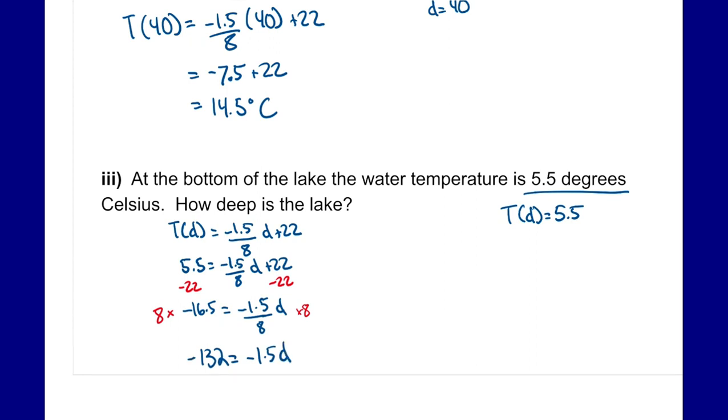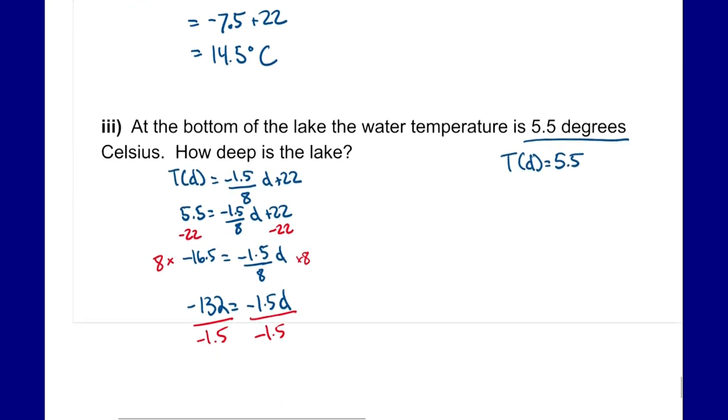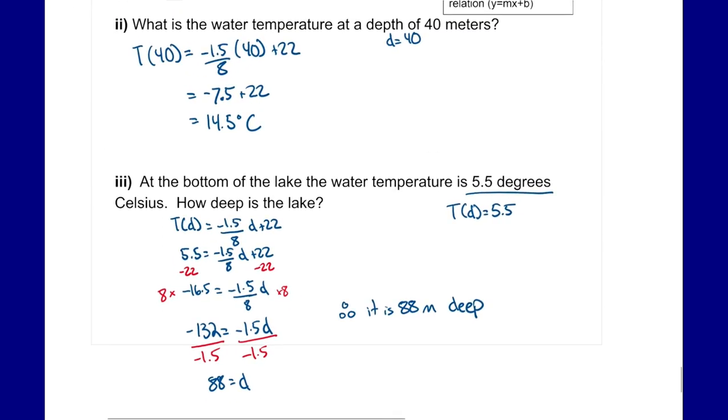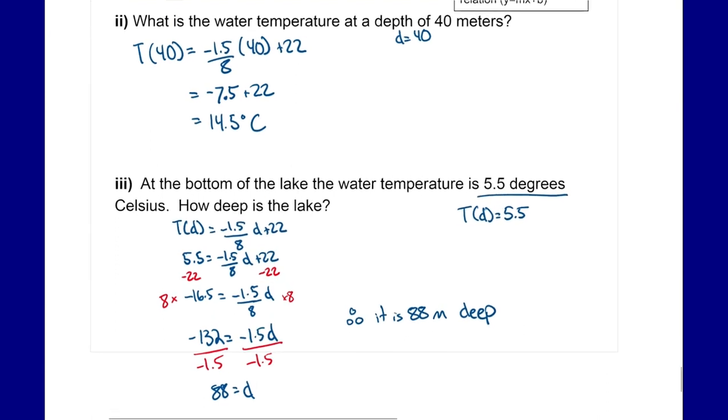Then divide both sides by negative 1.5, and we get 88 equals d. So therefore, it is 88 meters deep.